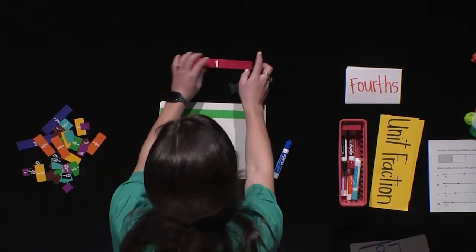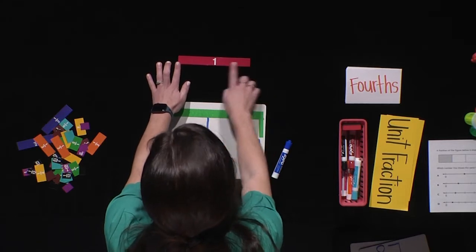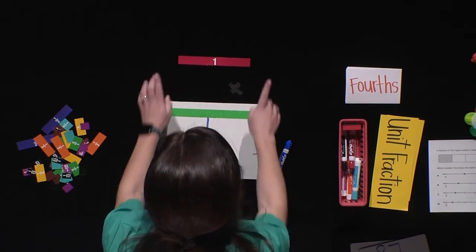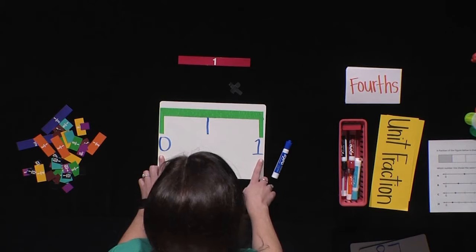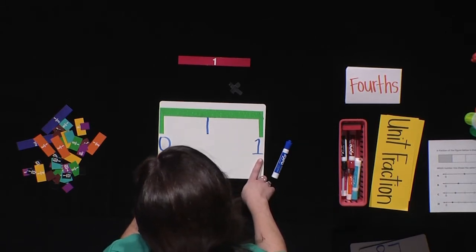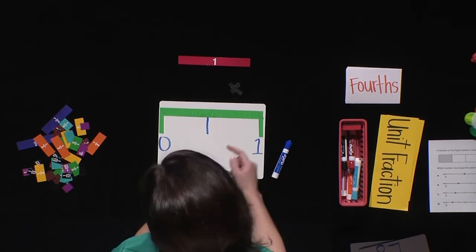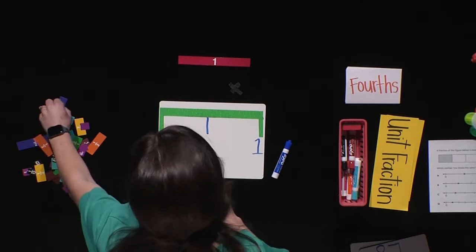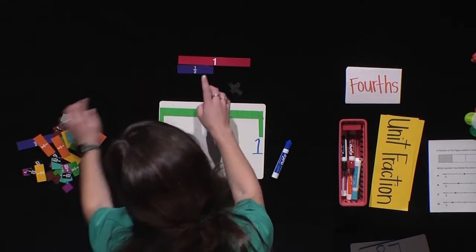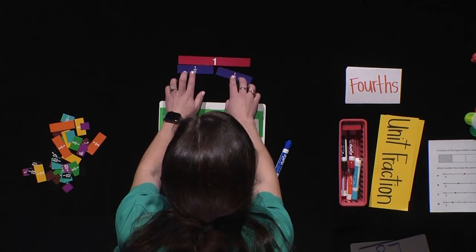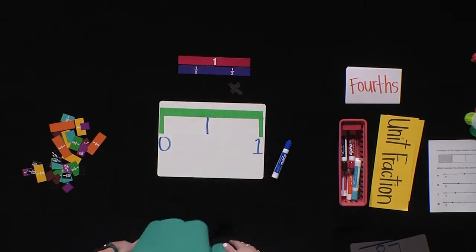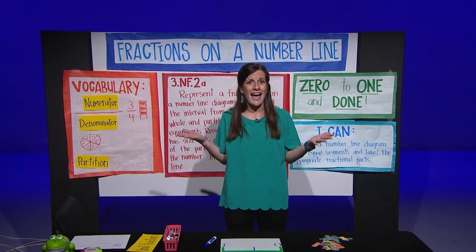Here, on a fraction strip, this represents 1 whole, just like our number line represents 1 whole part. If I have partitioned it into 2 parts, I have created what we call halves. Now, do you know how many parts a half is?